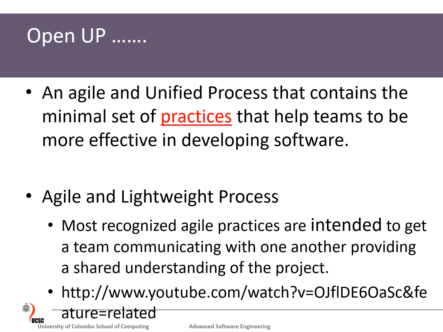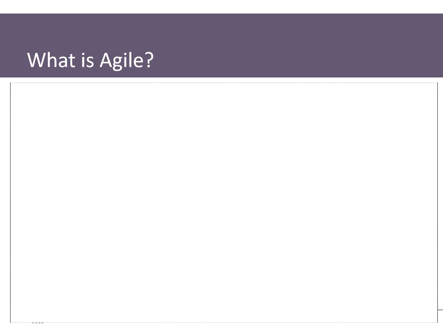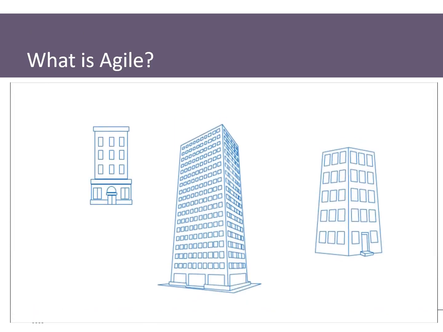At the same time, it is very good for getting an overview. We have a separate section in our course to discuss the agile process critically, but let's see what is agile.